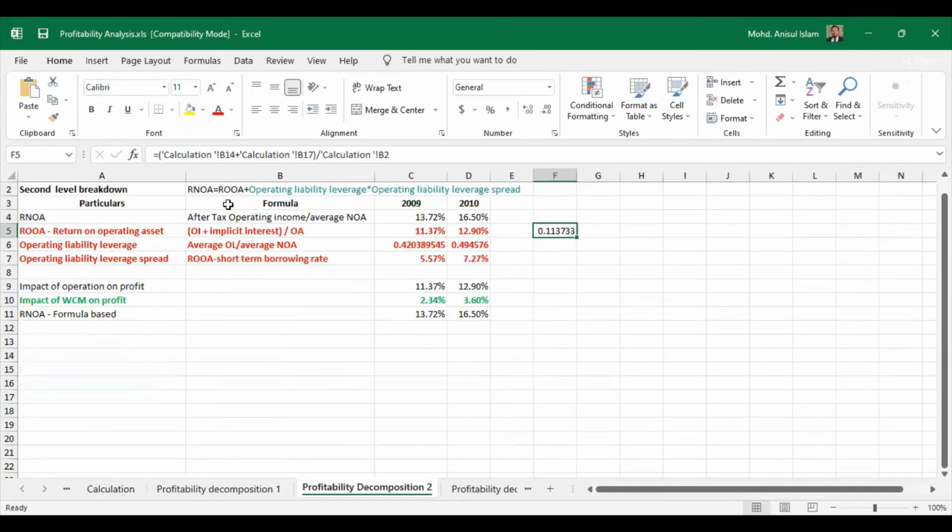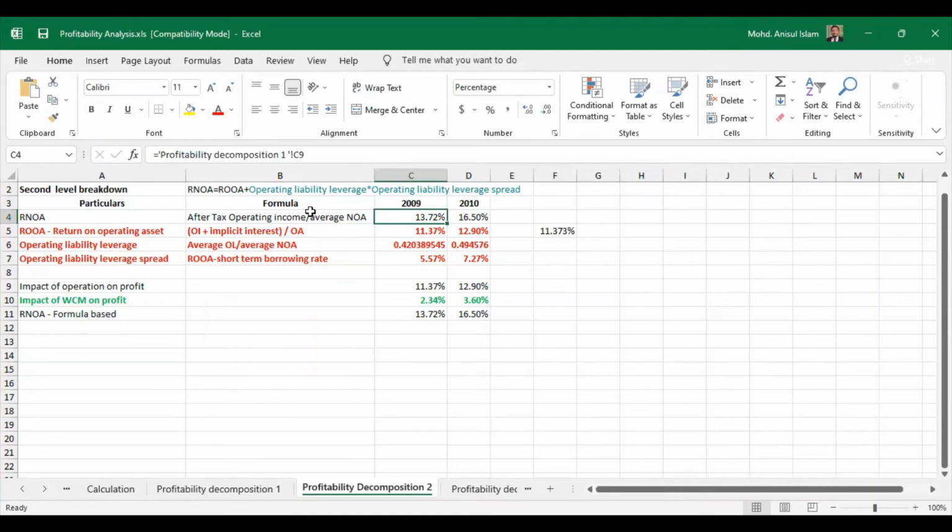Now the question: what does the 11.37 indicate? Note that out of the 13.72 taka we generate from our investment in operation, the return on net operating asset, we generate 11.37 taka from our investment in operating asset.